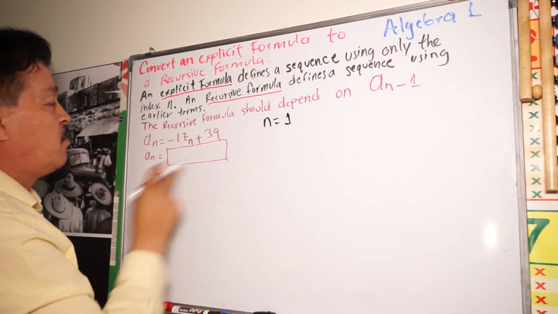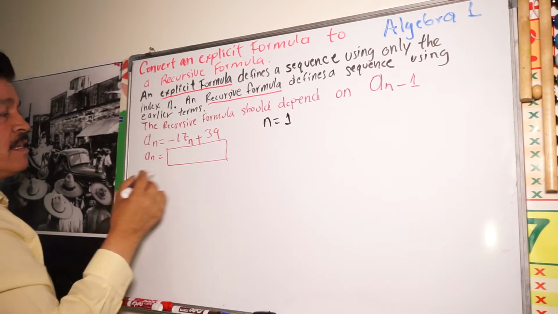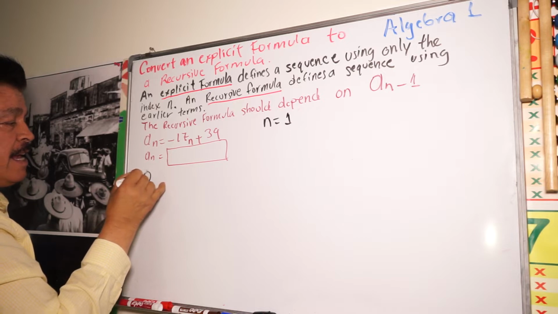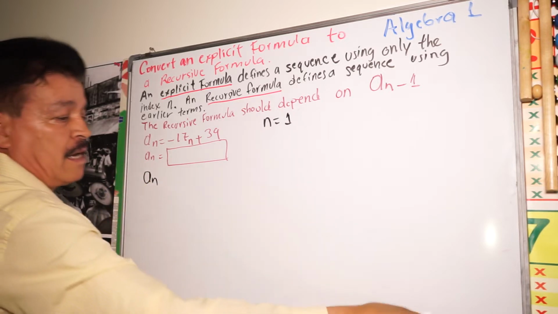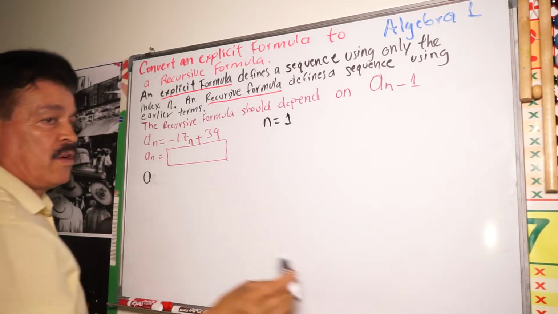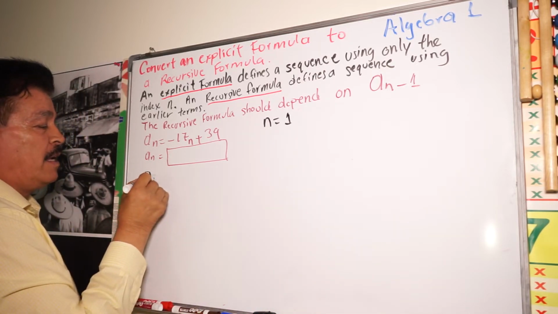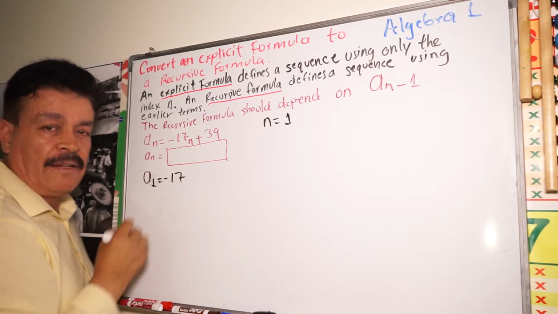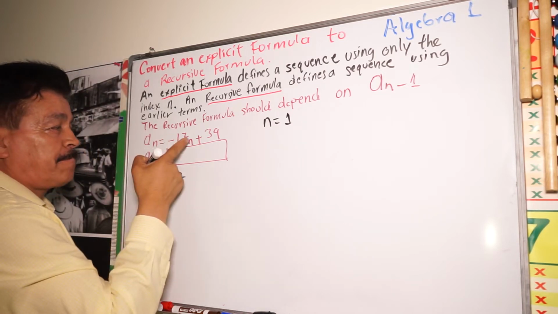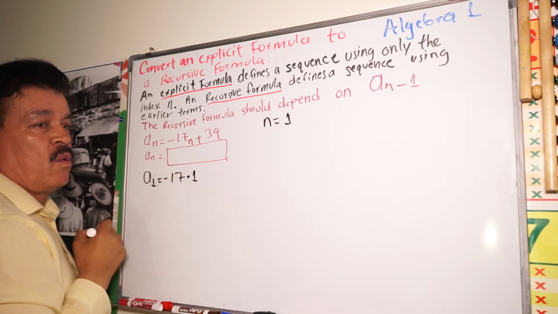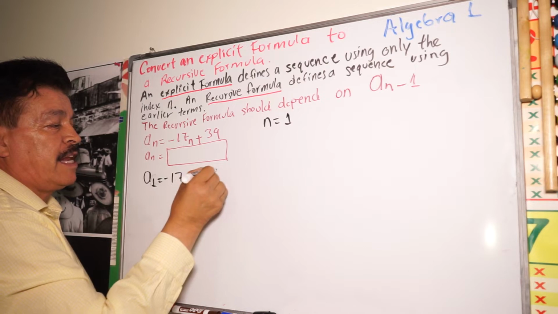So a1 equals negative 17 times 1 plus 39.